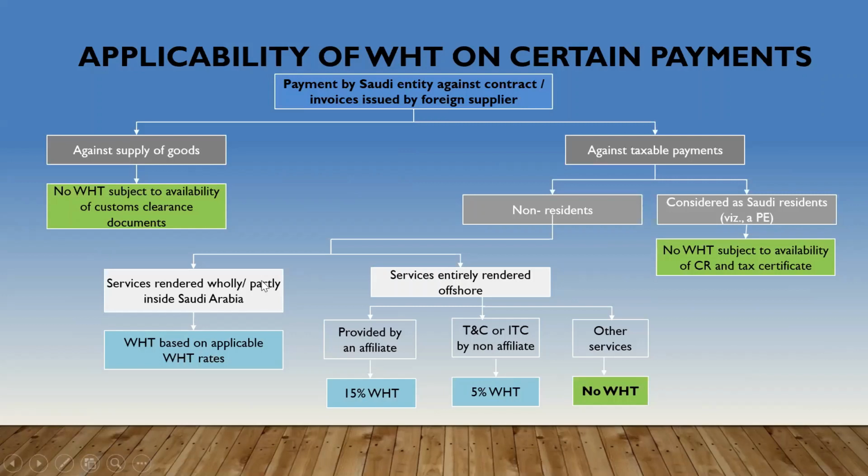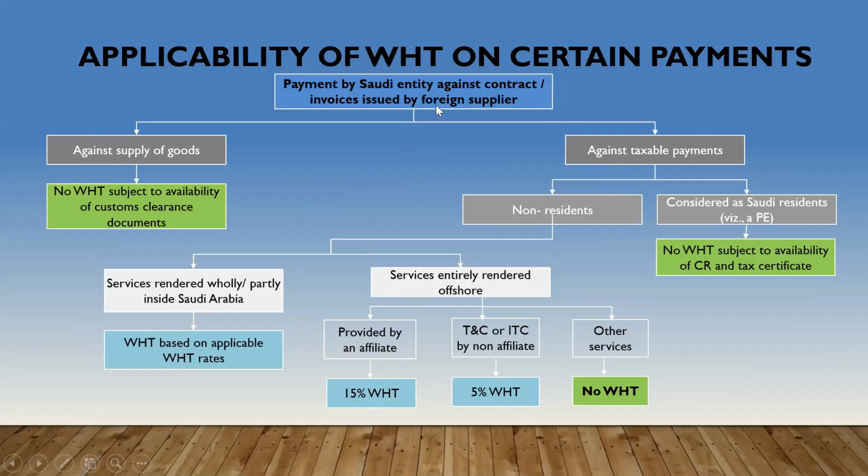Now, if there is a payment to a non-resident that does not have a PE in Saudi Arabia and those services have been performed entirely outside, then we need to see whether the payment is to an affiliated party or a third party. If it is to an affiliated party, those payments would be subject to 15% withholding tax.